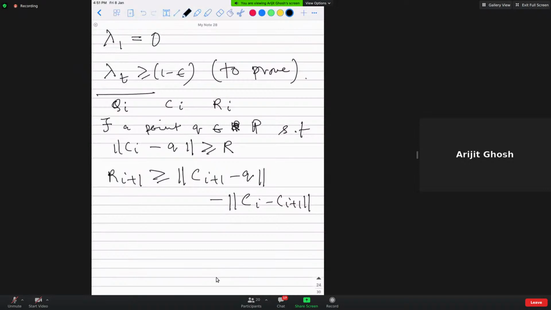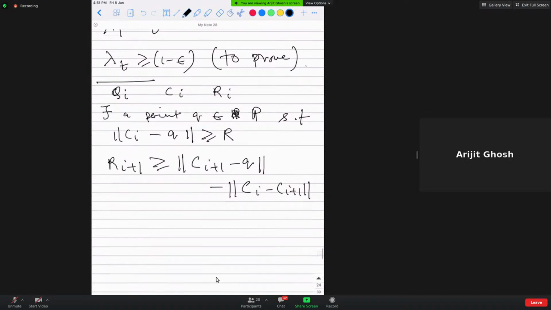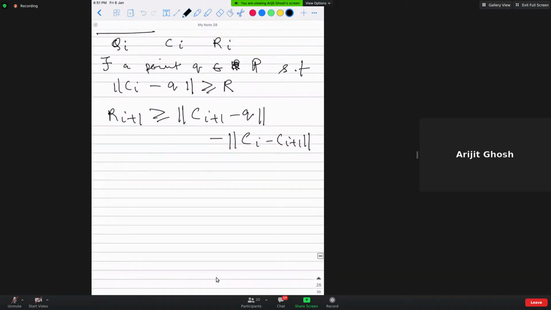Nothing to do here. And this I can write as greater than or equal to R minus delta I. So this will also give us a recursion inequality. We won't get an equation, we get a recursion inequality here.